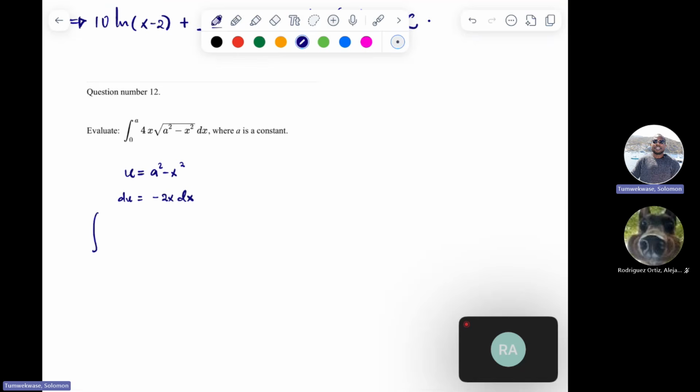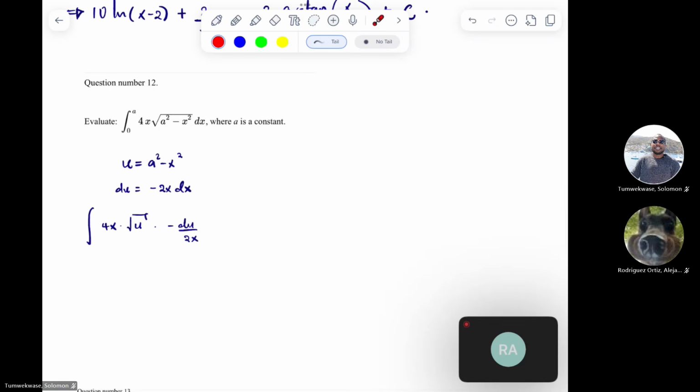Substitute everything back, so I have integral of 4x times square root of u, then times dx, but dx is negative du over 2x from this expression here. Okay, so the 2 can cancel, and I get 2 here, and the x will also cancel.